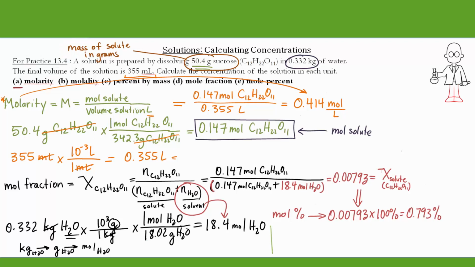You could also calculate the mole fraction of the solvent, and you could say chi of H2O is equal to the number of moles of H2O.